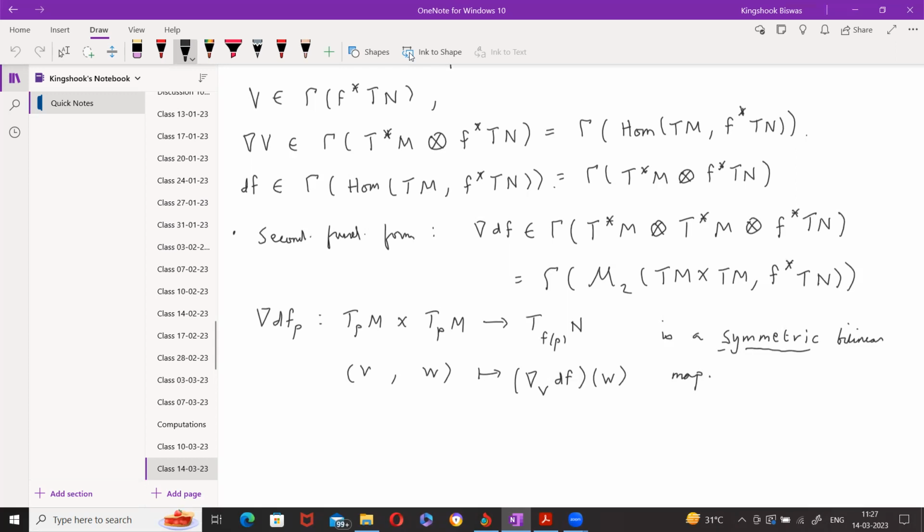Anyway, for a symmetric bilinear map, we can define its trace, right?